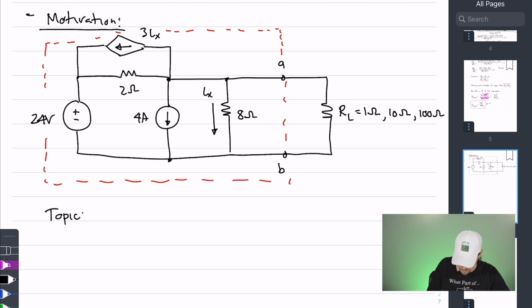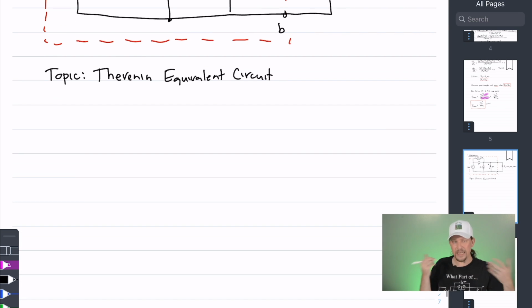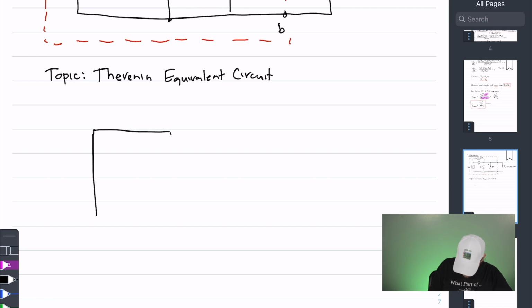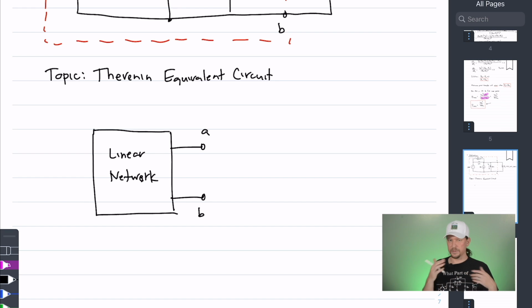The topic is the concept of a Thevenin equivalent circuit. Now, given any linear network, so here, if I happen to have a black box, and within this black box, I have components like resistors, voltage sources, current sources, independent, dependent.